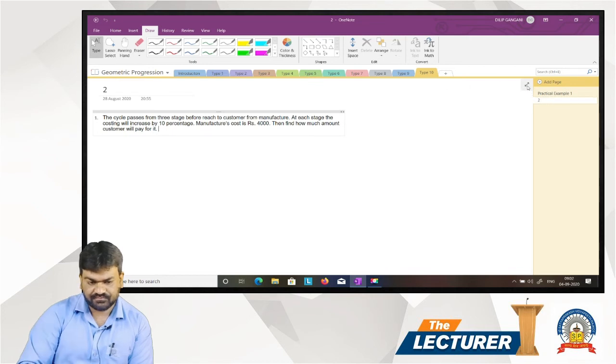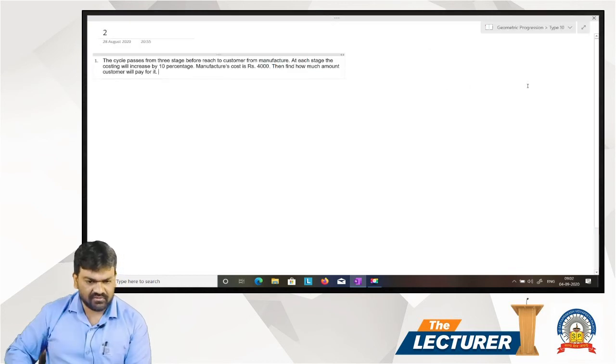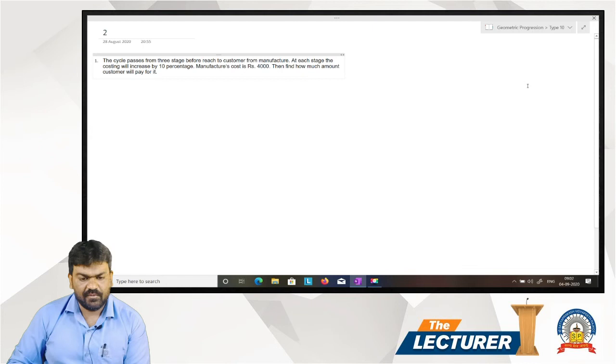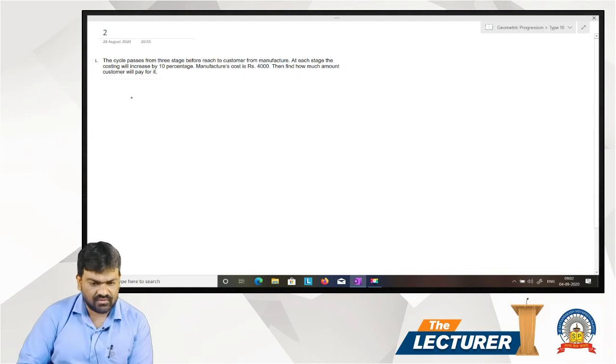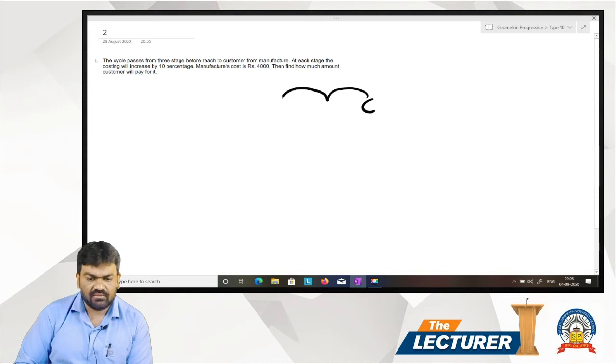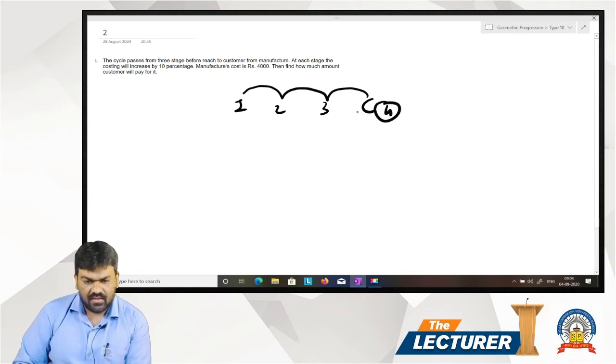Practical example. The cycle passes through 3 stages before reaching the customer. So this is the customer. From the customer he passes through 3 stages, 1, 2, 3. કસ્ટમર ને ક્યારે મળશે? 4th માં સ્ટેજ ઉપર. From manufacturer, at each stage the costing will be increased by 10%.